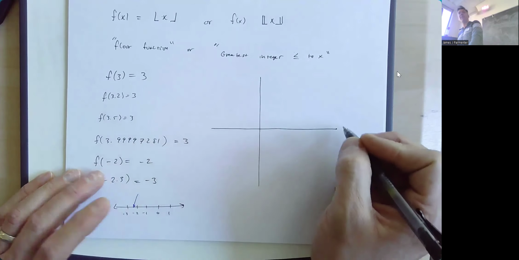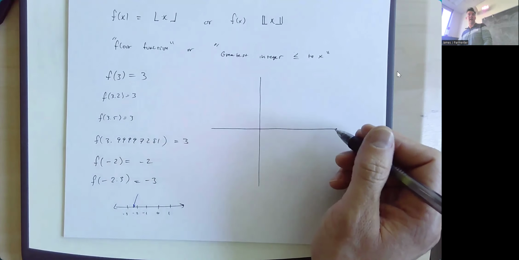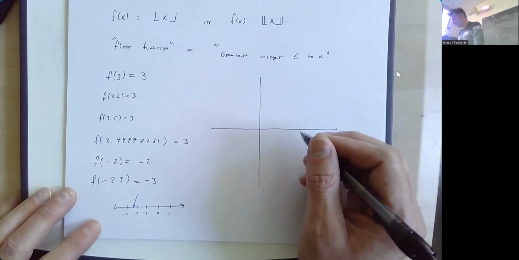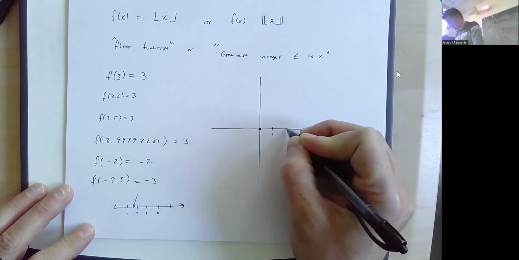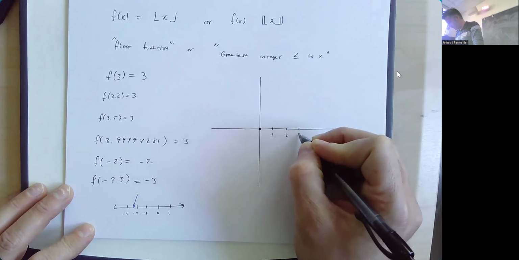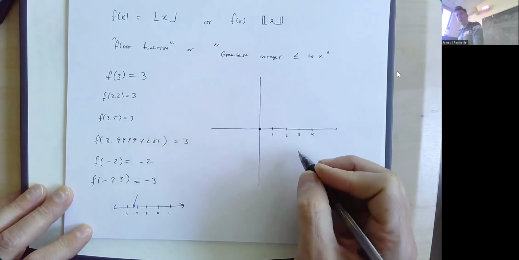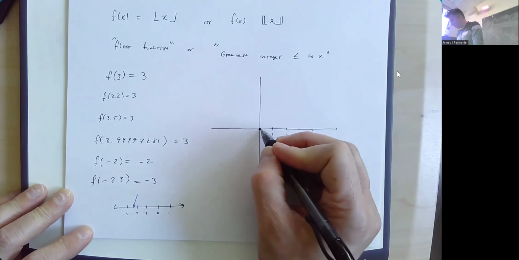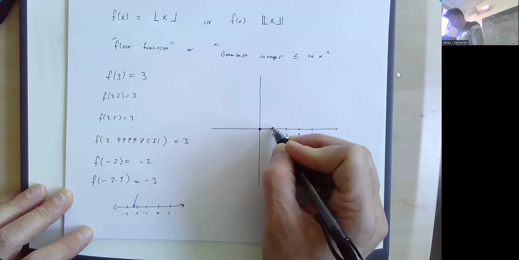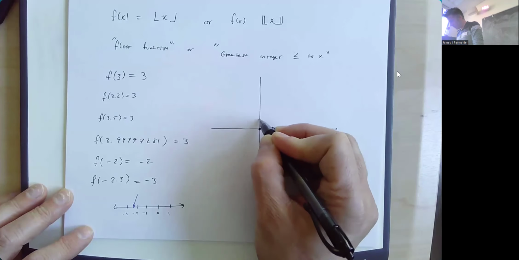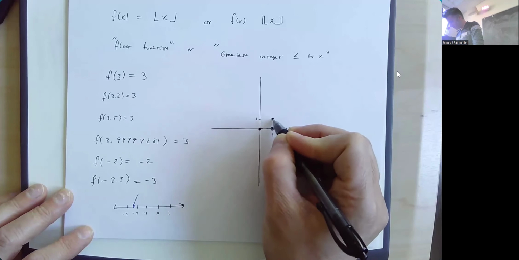The reason it's called a step function is because it looks like a staircase. So if I plug in 0, I get 0. And if I plug in any number between 0 and 1, I still get 0. So I plug in 0.1, 0.2, 0.5, all the way up to 1. Like I plug in 0.999, I still get 0. Then when I plug in 1, I jump up to 1.